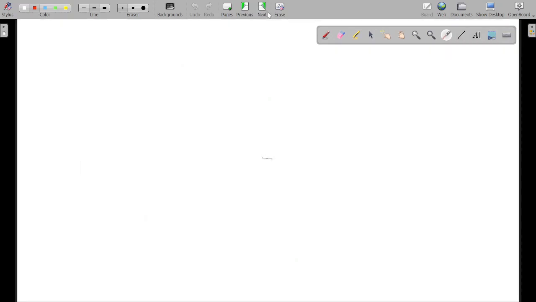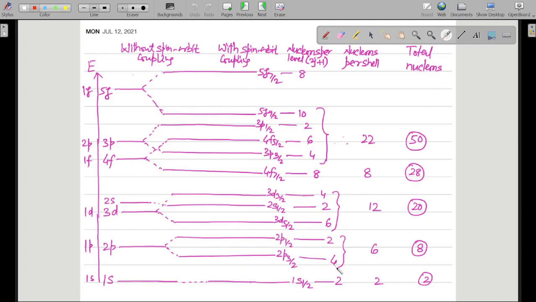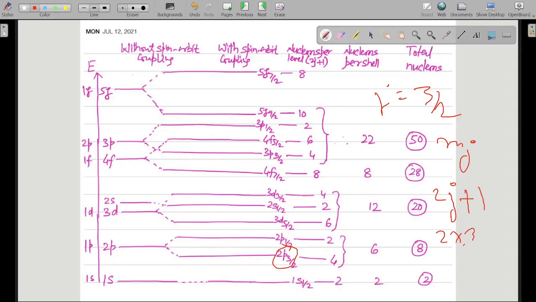Each substate has an electron, right? Look at this particular case, where the value of j is equal to 3/2. The total possible values of mj will be 2j plus 1, so that is 2 times 3/2 plus 1, which equals 4. So the total number of mj values is equal to the total number of electrons it can hold, that is 4.